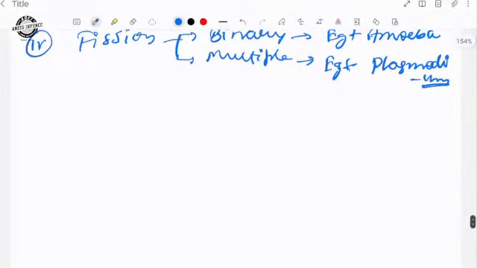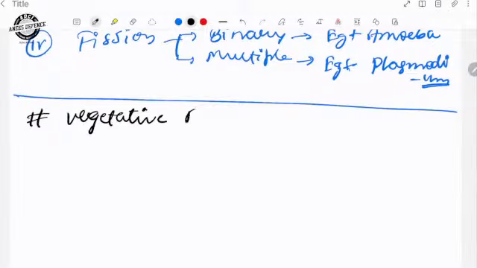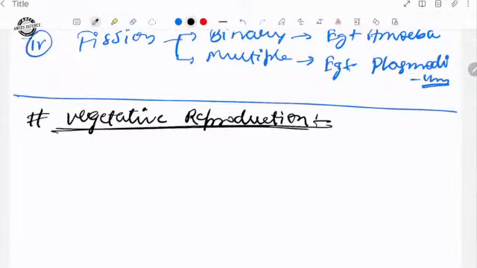We can proceed further from here. Among the types of asexual reproduction, vegetative reproduction also comes under asexual reproduction only, but we have to study this also. Vegetative reproduction is what?